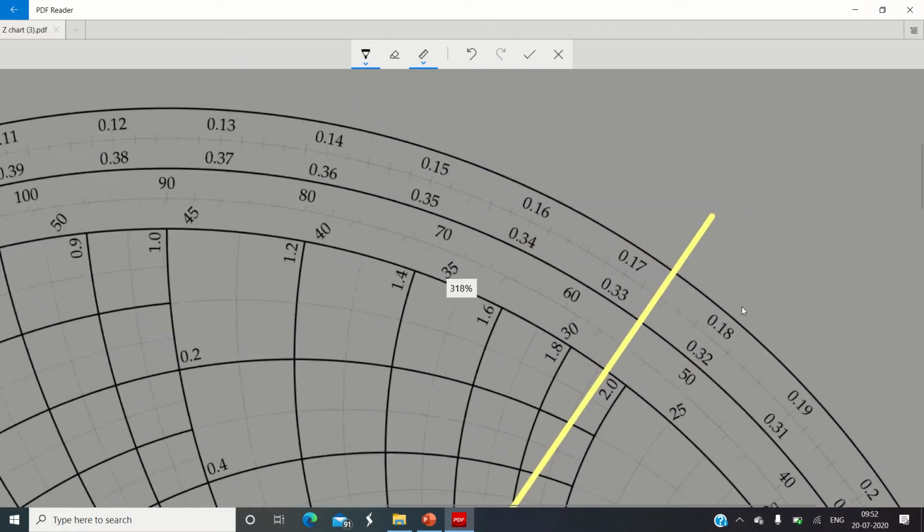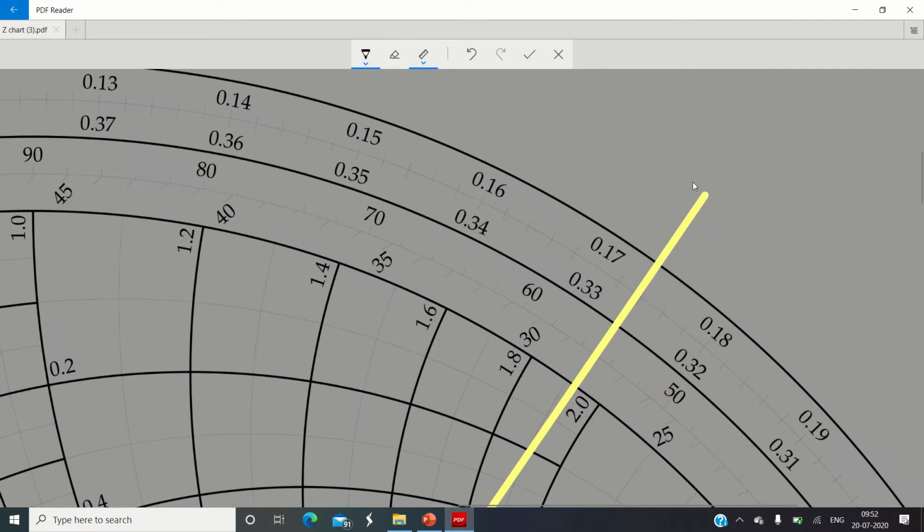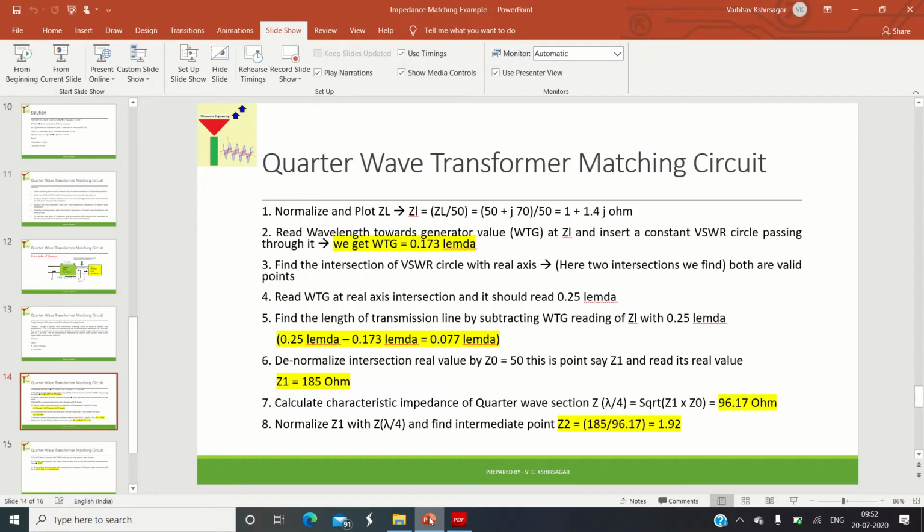Where the straight line intersects the outermost scale, it is 0.17 over here, and next we have one division, and it is crossing around the second division. So approximately the wavelength towards generator scale over here is 0.173 lambda. You can take 0.174 lambda also, it doesn't make any difference.